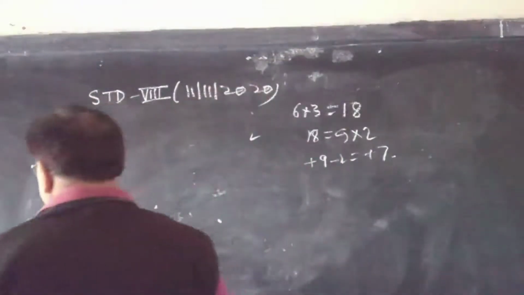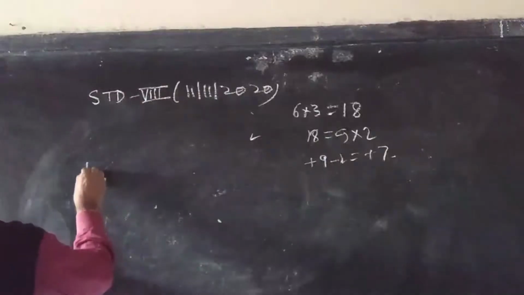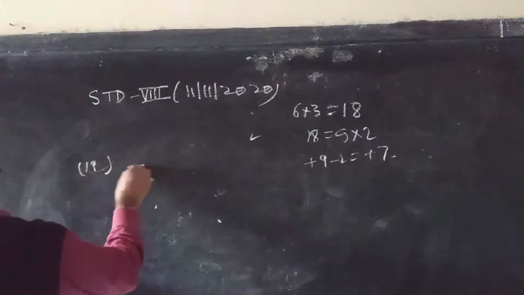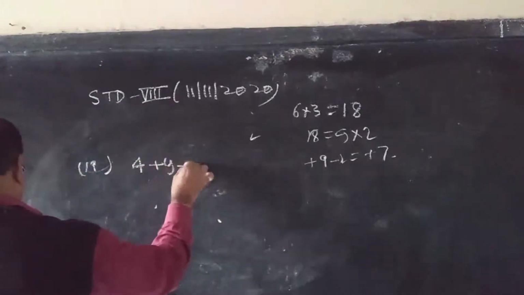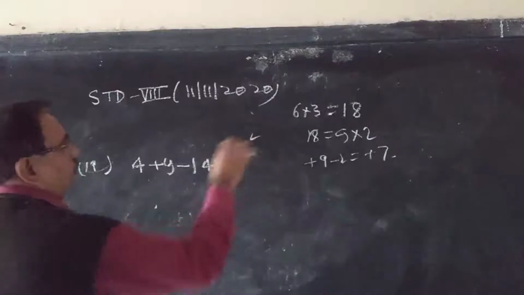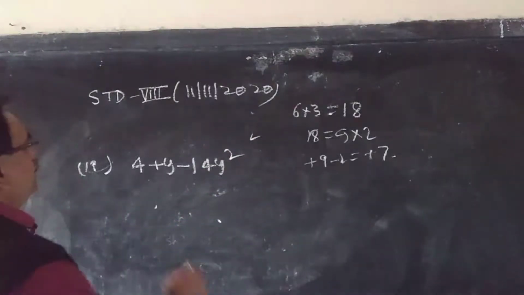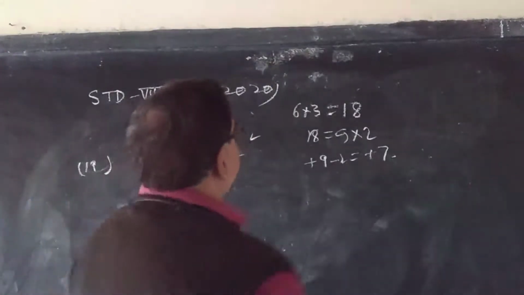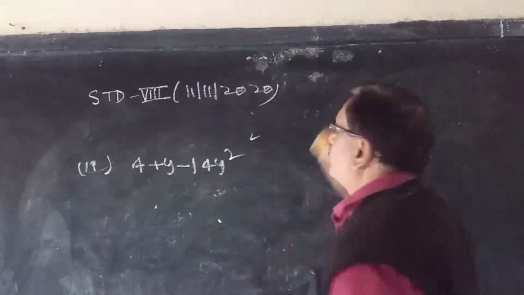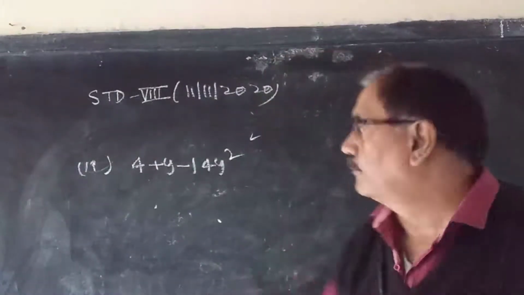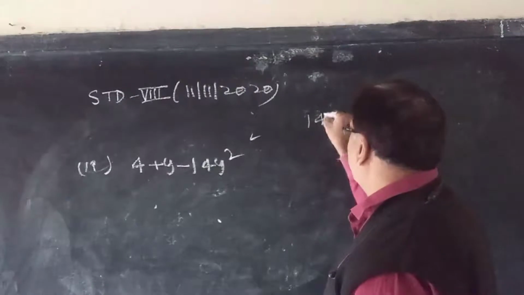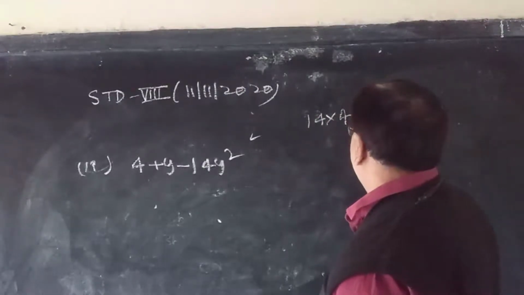One more question is question number 19. 4 plus y minus 14y squared. So the constant term is 4 and the coefficient of y squared is 14. So 14 into 4 is 56.